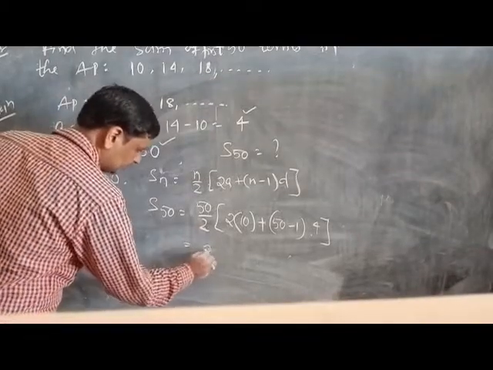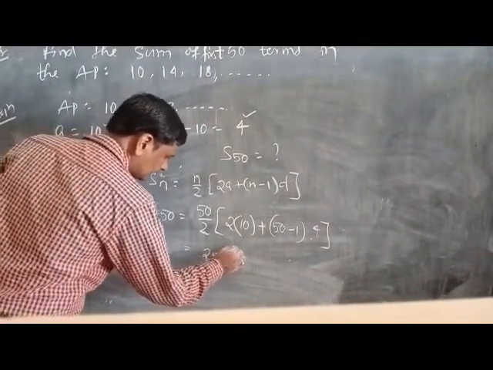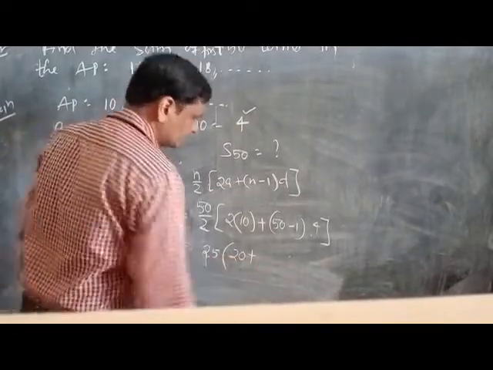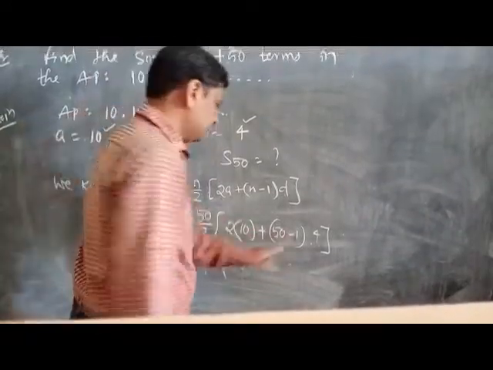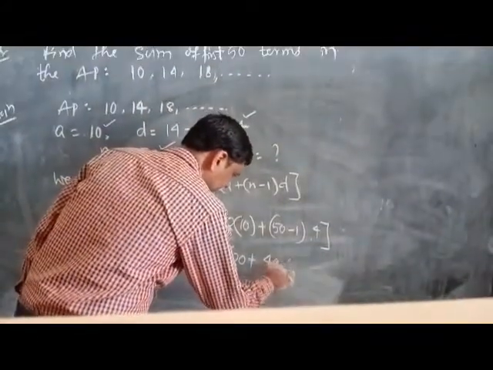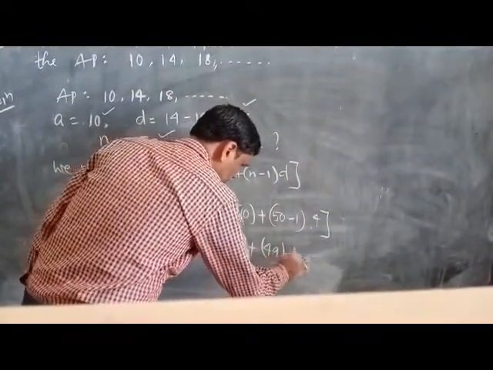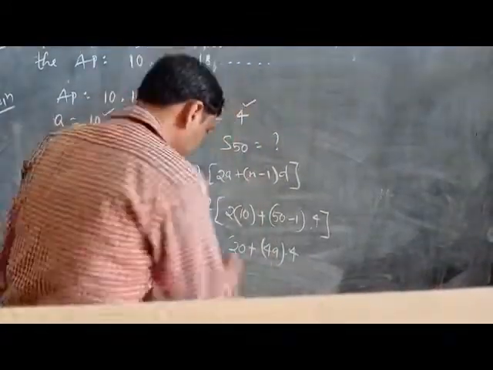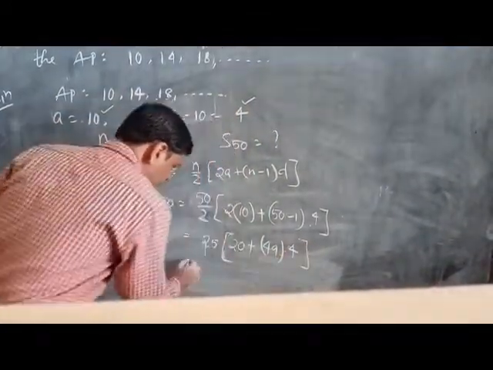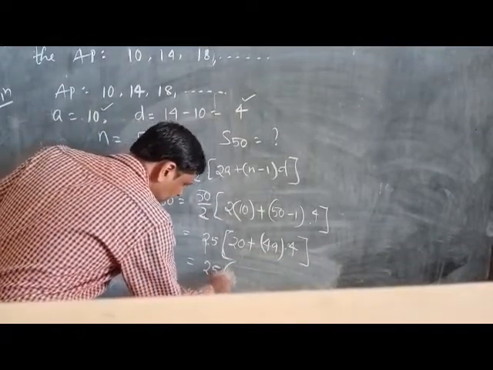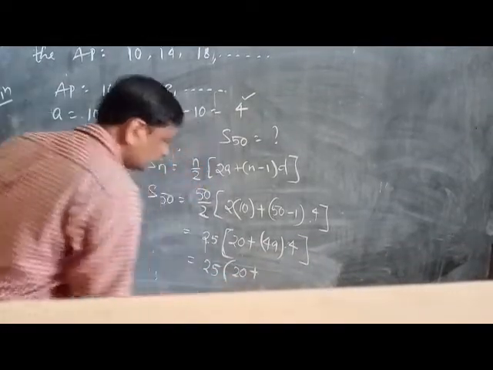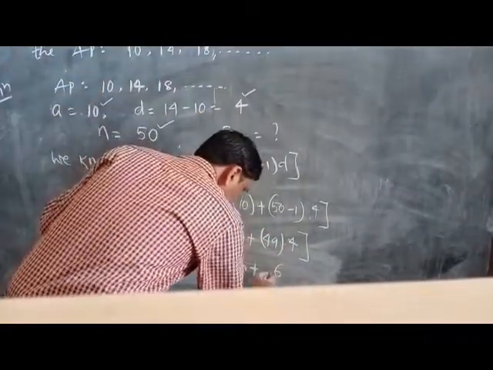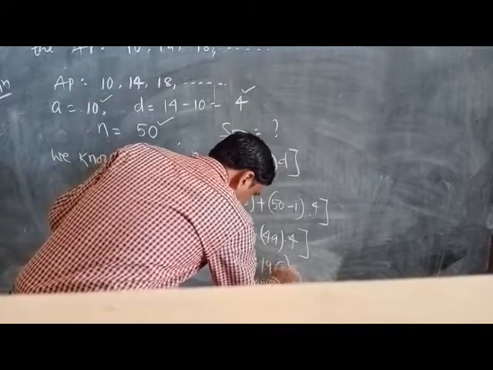50 by 2 is 25, into 2 into 10 is 20 plus 50 minus 1 is 49 into 4. That is 25 into 20 plus 49 into 4, which is 196.